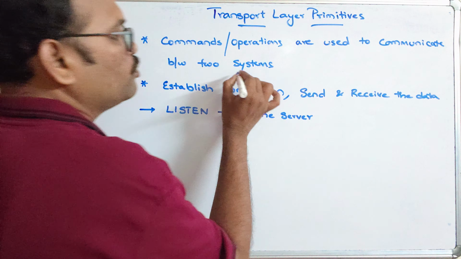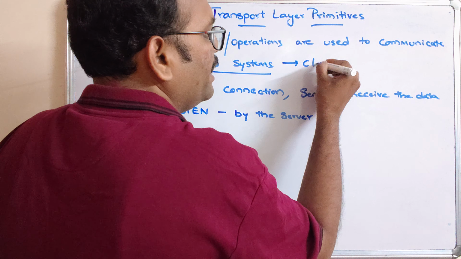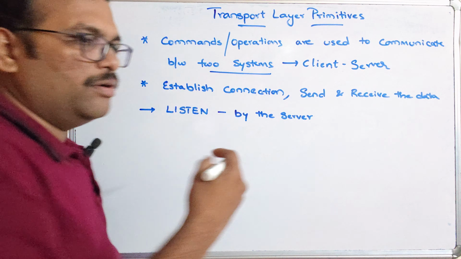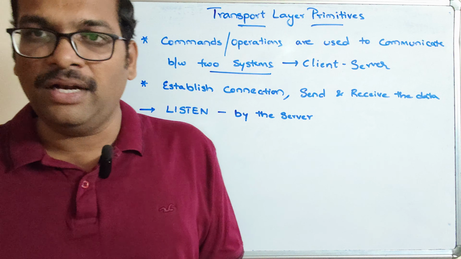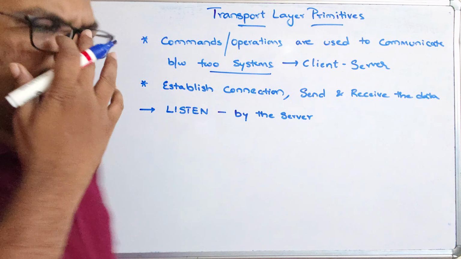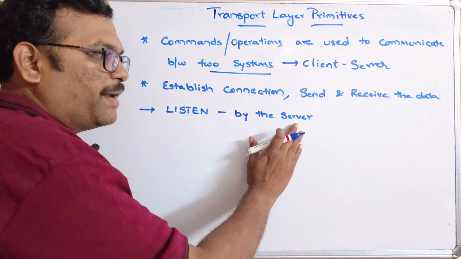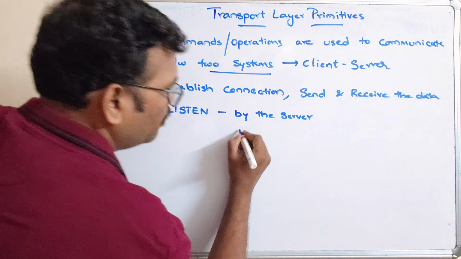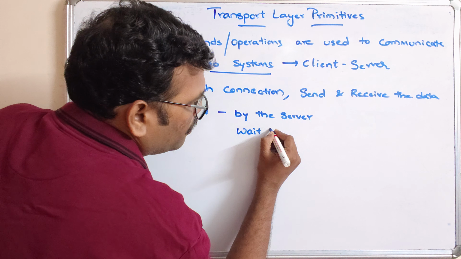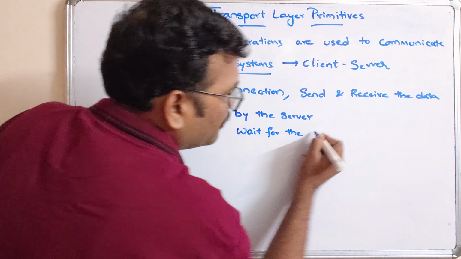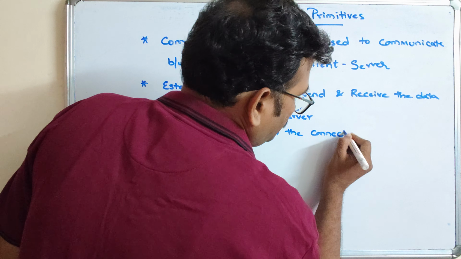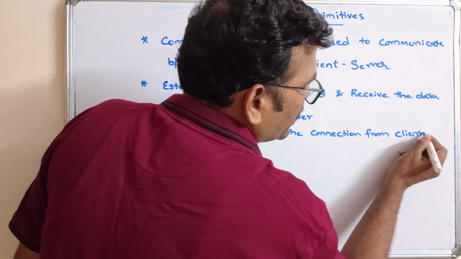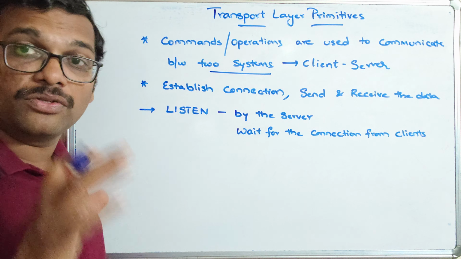Let us take these two systems as a client and server architecture. As we know, the client will send the request to the server and the server will respond. Here LISTEN is done by the server, and the server will be waiting for connections from clients. For example, you can take a website.